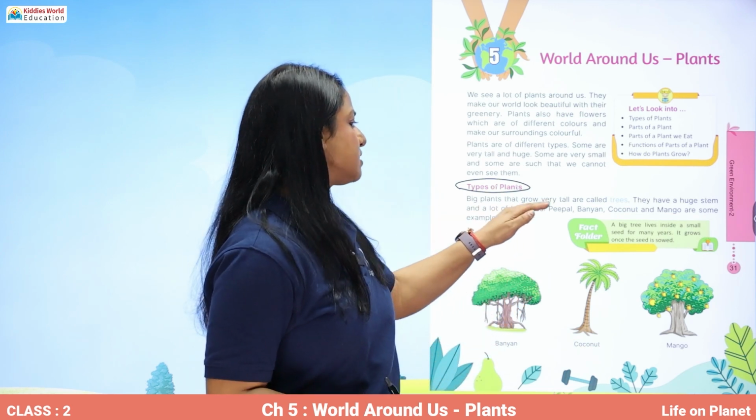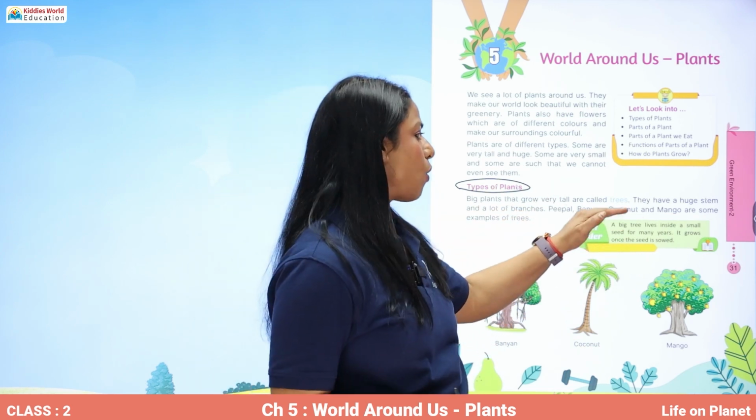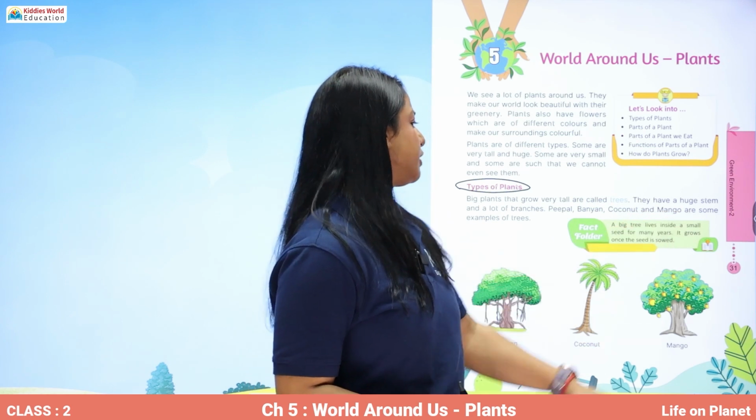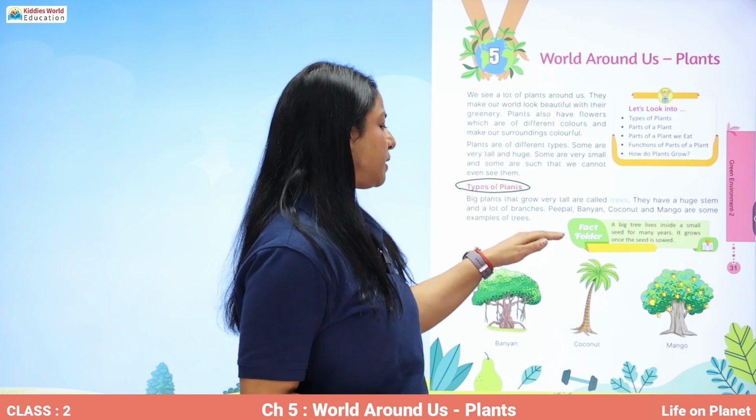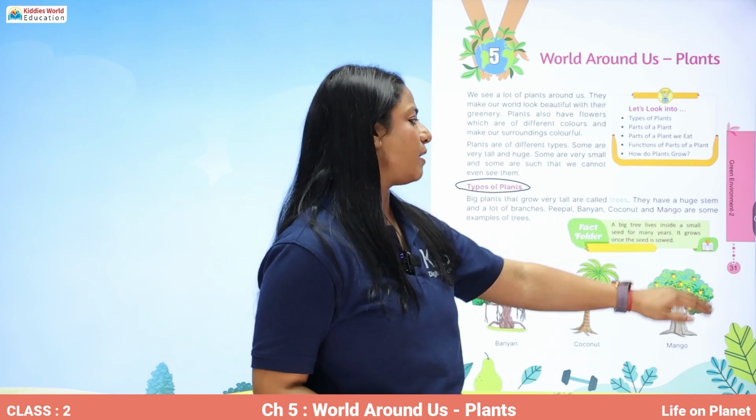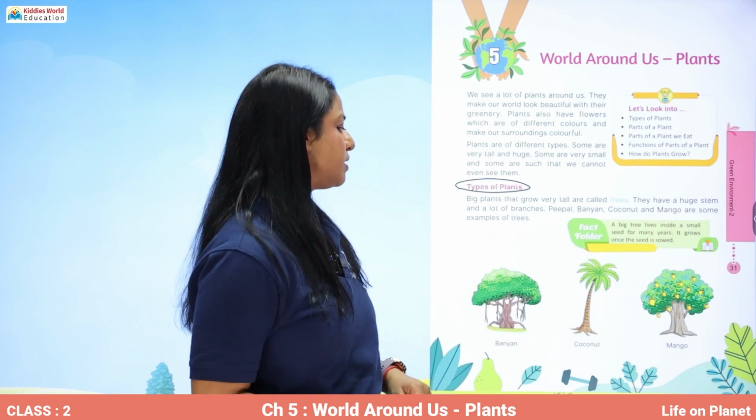So big plants that grow very tall are called trees. They have a huge stem and a lot of branches. Peepal, banyan, coconut and mango are some examples of trees.